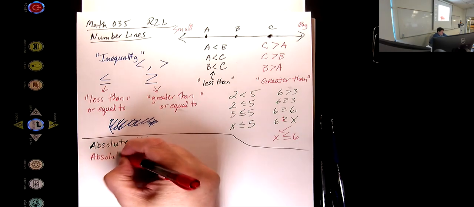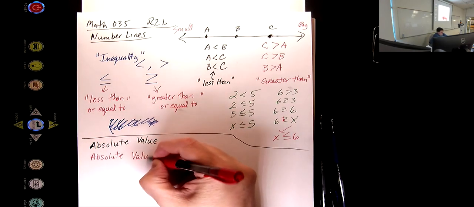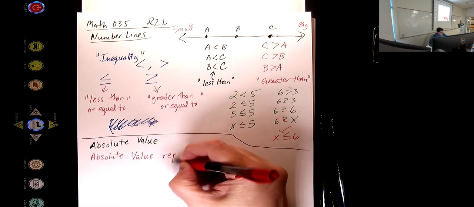Absolute value represents the distance from 0 on a number line.